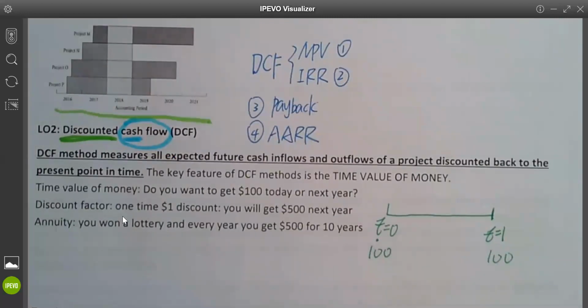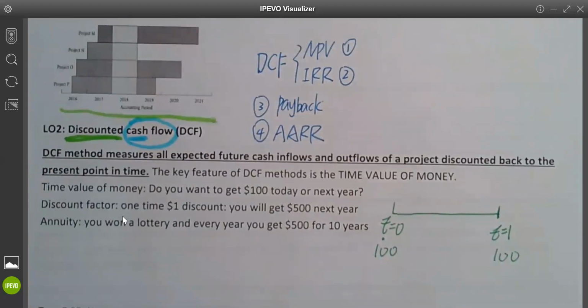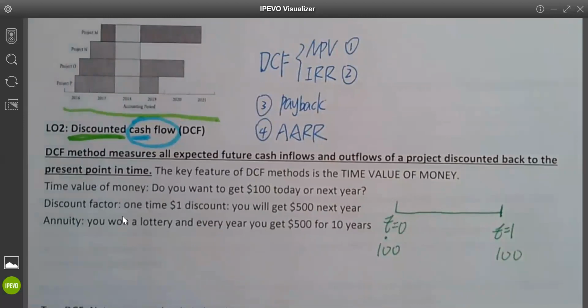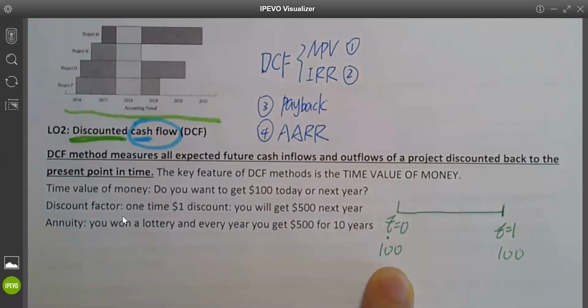There are many different reasons. First, you can invest. Even if you put it in the bank, at least it generates interest. I think the interest rate is not that high, but let's say at least 10 cents, so $100 today is worth $100 and 10 cents next year.